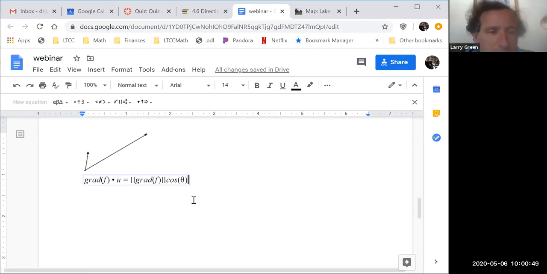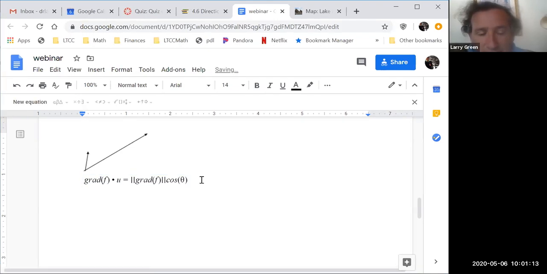All right, so if I want this to be as big as possible, because that's what you want for the steepest uphill climb you can do, what should theta be? Yeah, theta 0. Any questions on that?